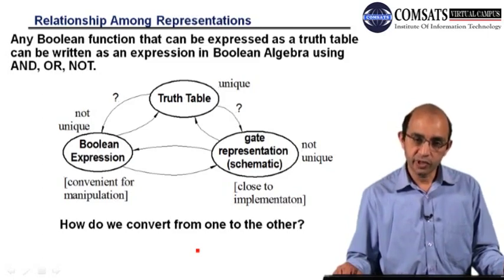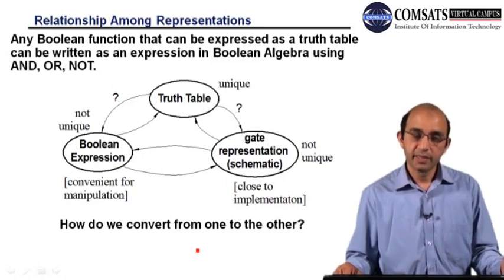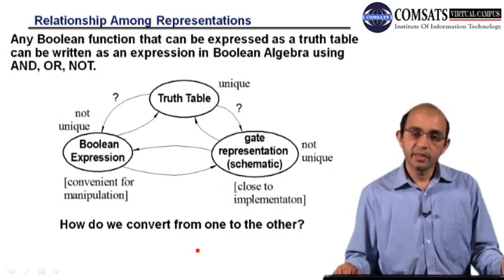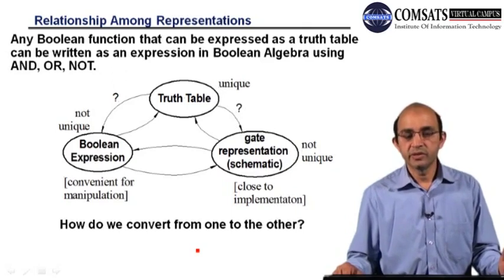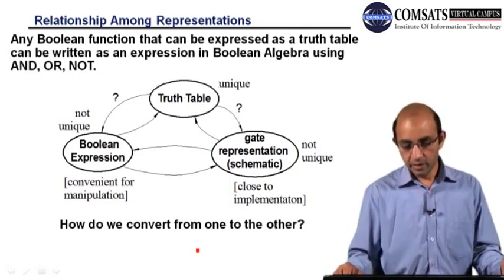We can have the truth table. If you have the truth table, you can straight away draw the circuit. You can also derive the Boolean expression from that truth table. But remember that the truth table representation is unique. You always have a unique representation for a certain circuit.